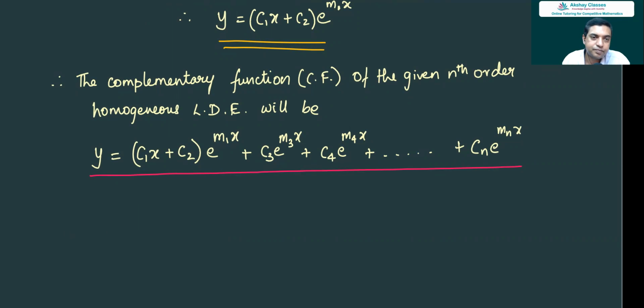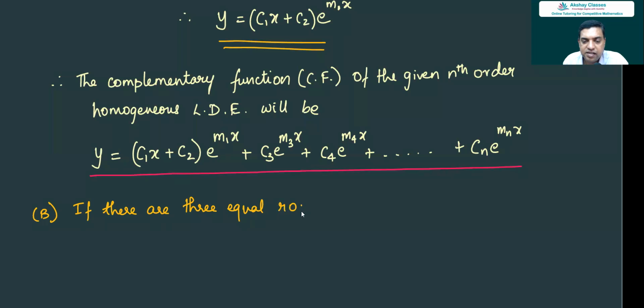All right. Now, case B: if there are three equal roots, again in the same fashion we can solve. Let's say m1 equal to m2 equal to m3.